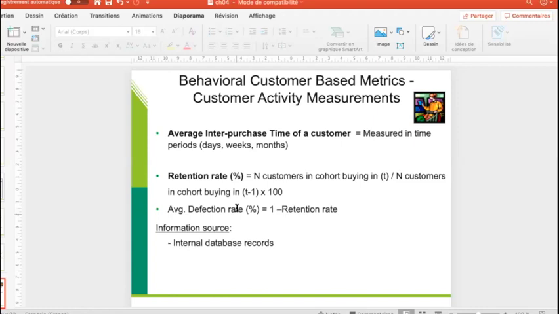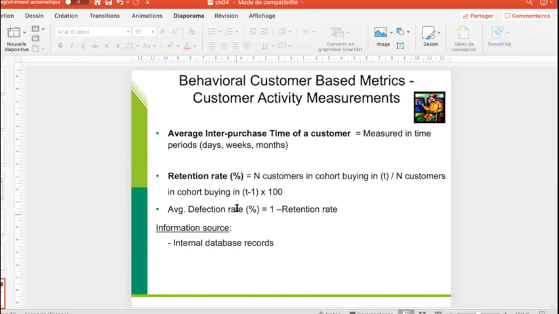It is an indicator that the customer is an active, retained one. The longer the inter-purchase time, the lower the frequencies, the lower the purchase amount, the higher the churn or defection probability. So the churn is not known, or the defection is not known. You have to calculate it by probabilistic or statistical methods.